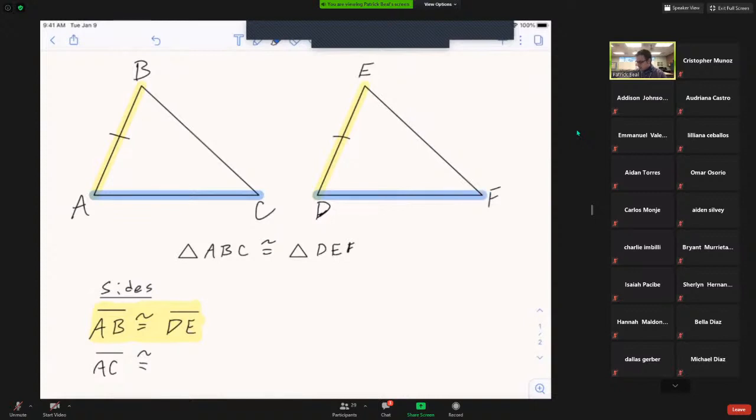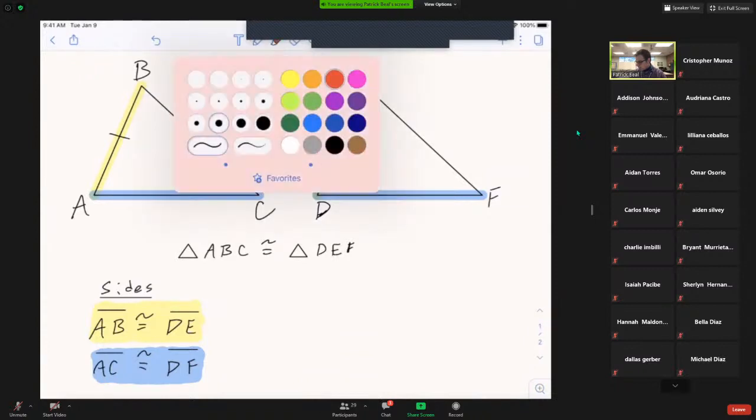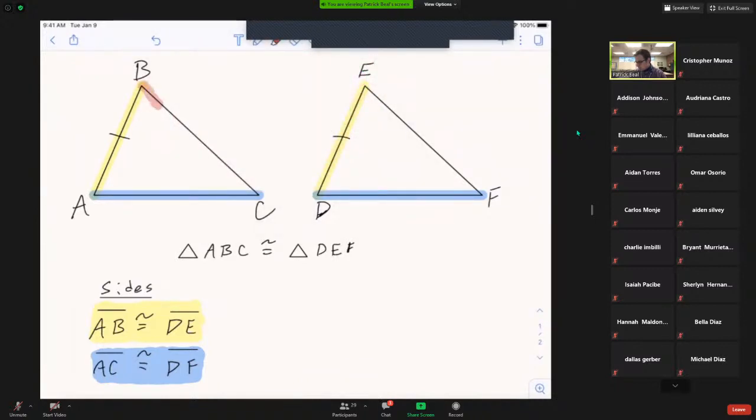So AC is going to be congruent to DF. And we've got one side left, which is BC. It's going to be congruent to our last remaining side here, which is EF. So BC is congruent to EF.